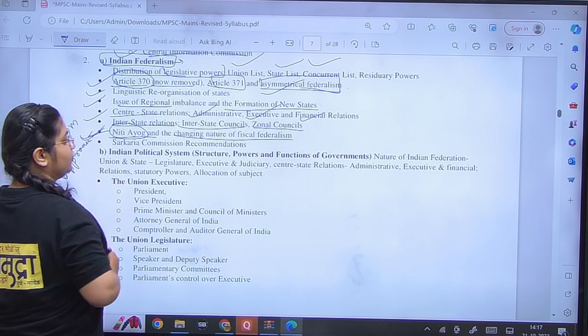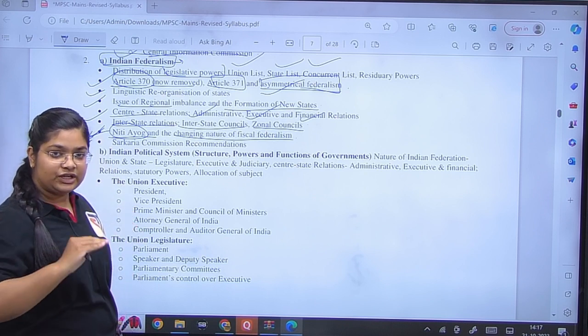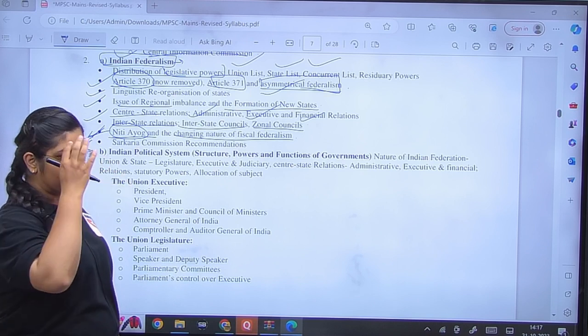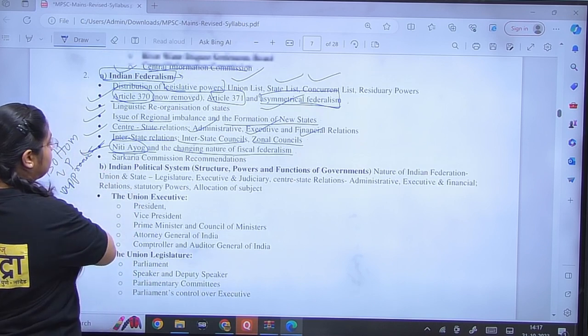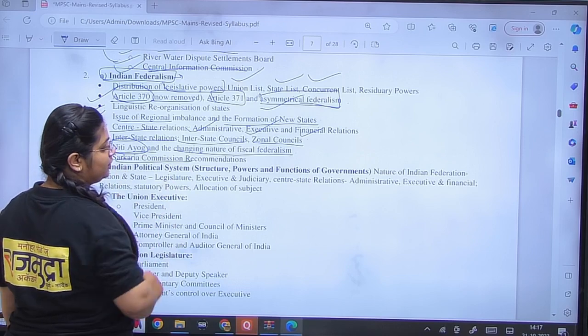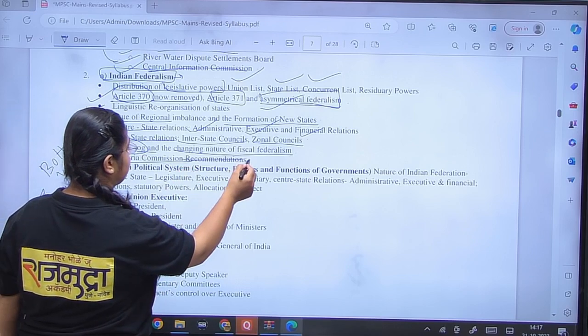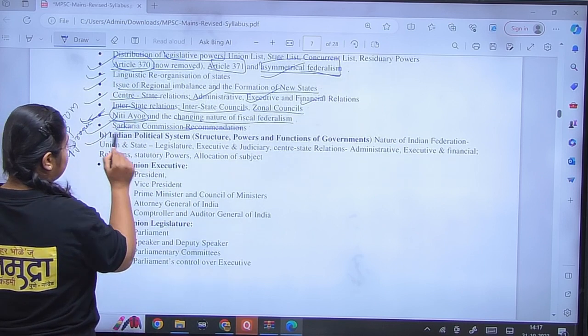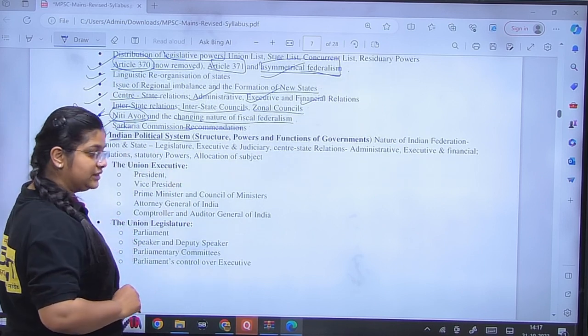What does it mean? From the regional level to the center level, or to the world level. Then the Sarkaria Commission's recommendations.